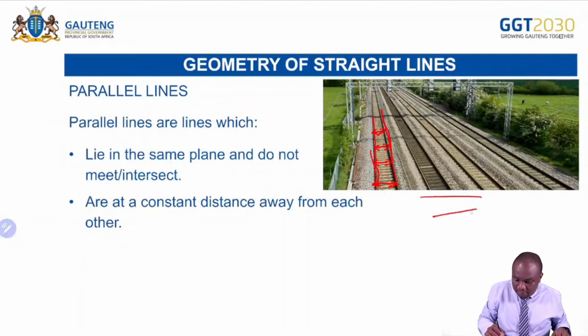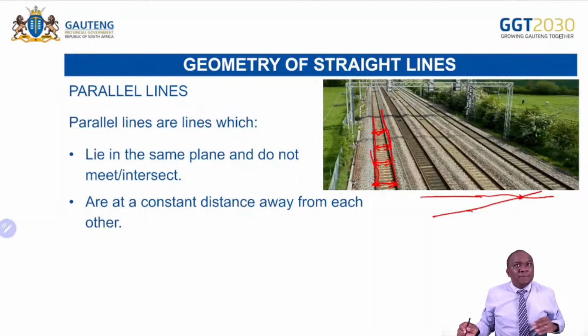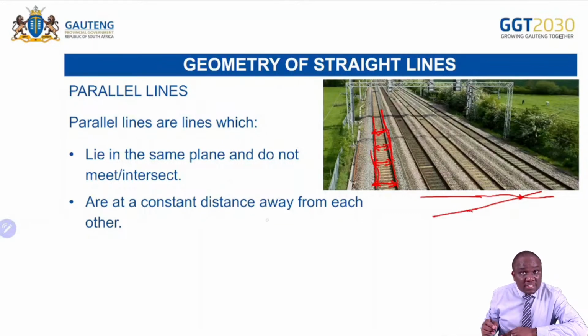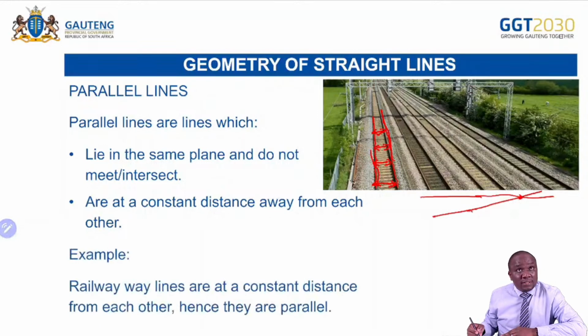If I extend them, you see, they're going to meet somewhere. But parallel lines, they maintain the same distance between them. They are equidistant. Okay? They are at a constant distance away from each other. That means equidistant. And then example, railway lines are at a constant distance from each other, hence they are parallel.